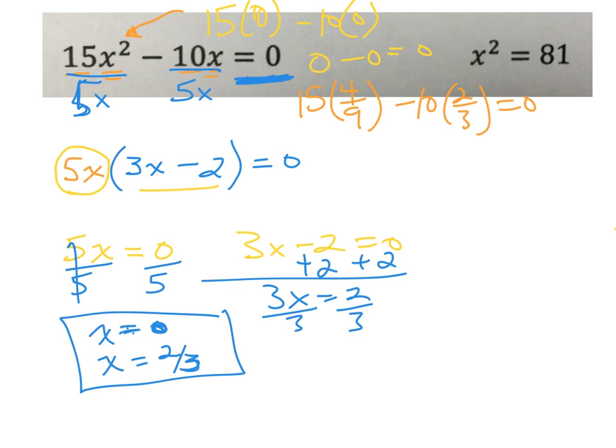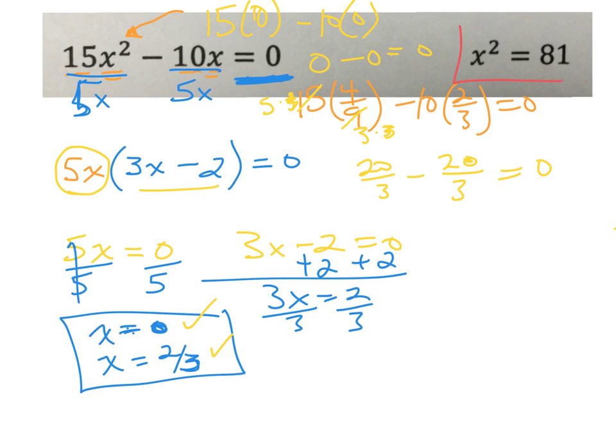If I take 15 times 4/9, that's going to have a reduction here. 15 is 5 times 3, 9 is 3 times 3, and of course the 3's cancel, and I get 5 times 4, or 20/3, is my new fraction. Minus 10 times 2 is, of course, 20/3. And, of course, we know 20/3 minus 20/3 is, of course, 0, and we have done both correctly.